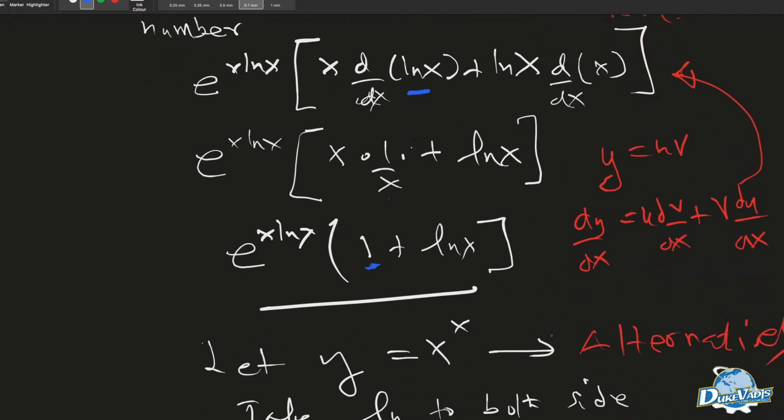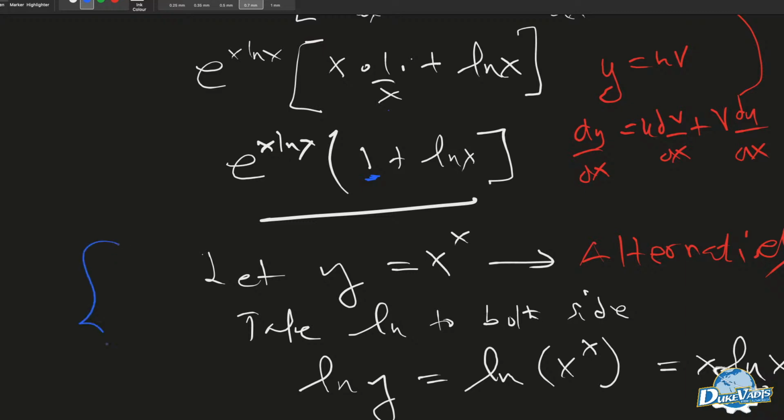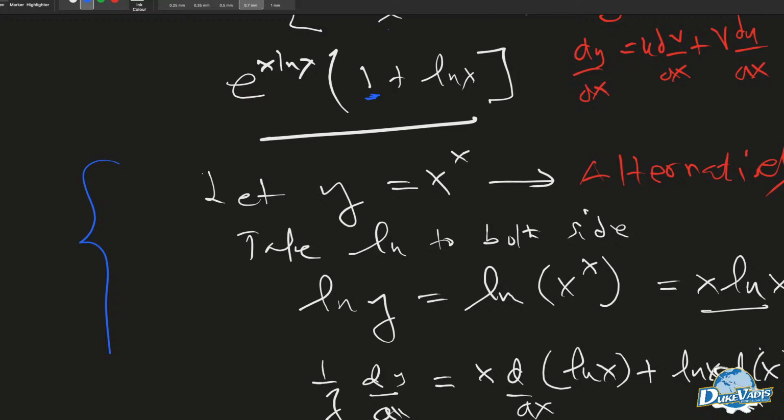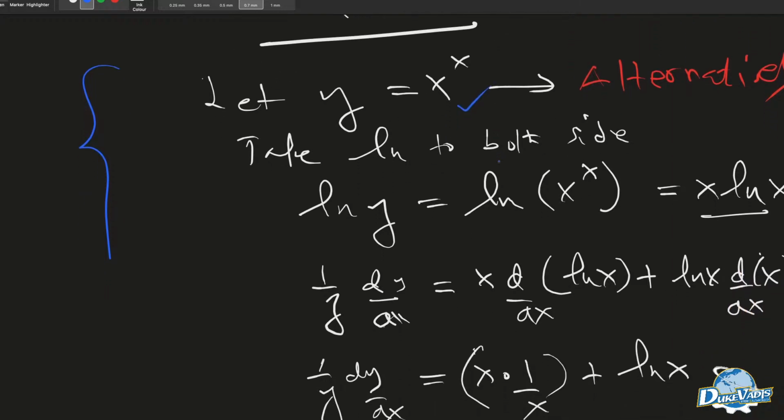Then we say, let us consider the alternative method. When we let y equal x to the power x as it is given to us, we take the natural log to both sides of this very equation. So we will have natural log of y is equal to natural log of x to the power x. This can be expanded this way, so this will be x natural log of x. Then after that, we apply the product rule once again.